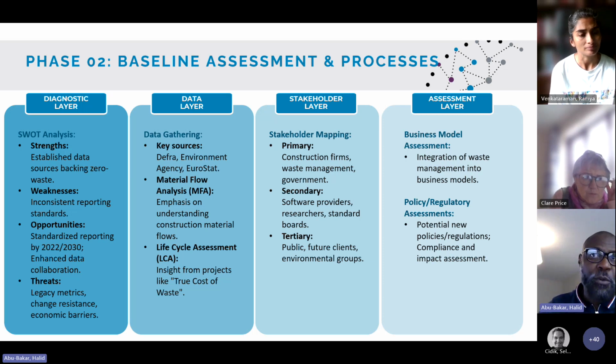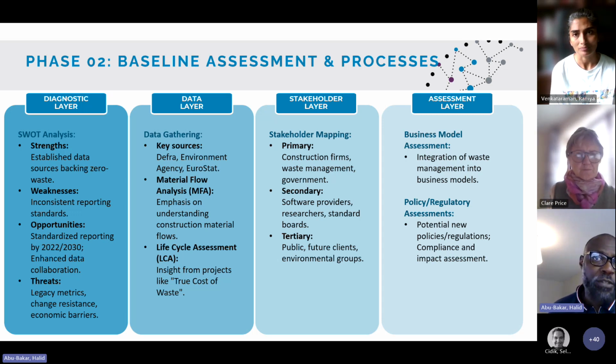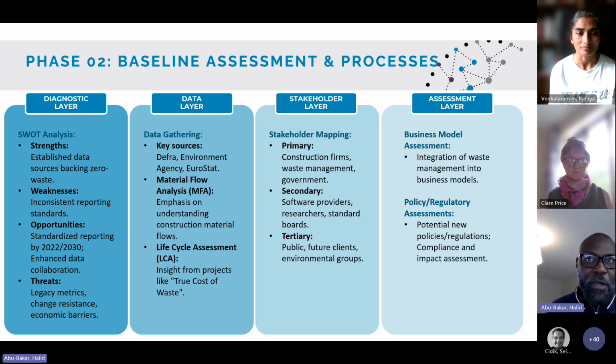And then of course, there were some opportunities, which were the development of standardized reporting by 2022 and 2030 for different project sizes and so on and so forth. And of course, some of the threats identified were some of the legacy systems and outdated metrics, and some of the resistance to change that is quite inherent within the industry.